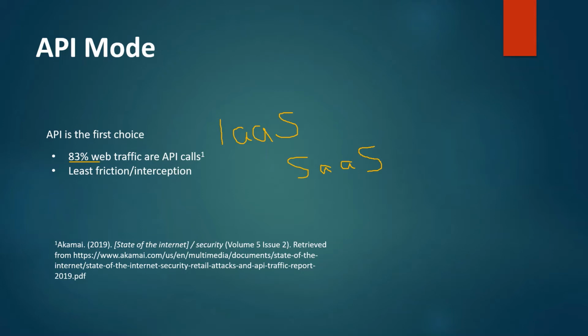So the fundamental advantage of API mode is least friction and interception, because the access point is opened and preset by the application, and there is little engineering effort for you to break the existing flow. So that's a key advantage of using API mode.